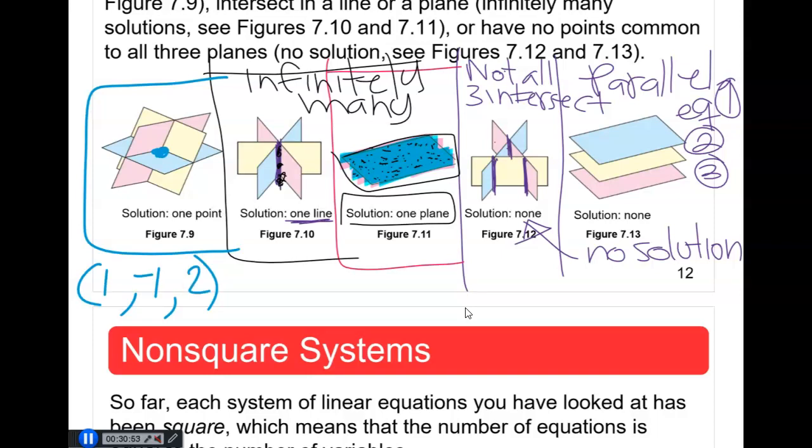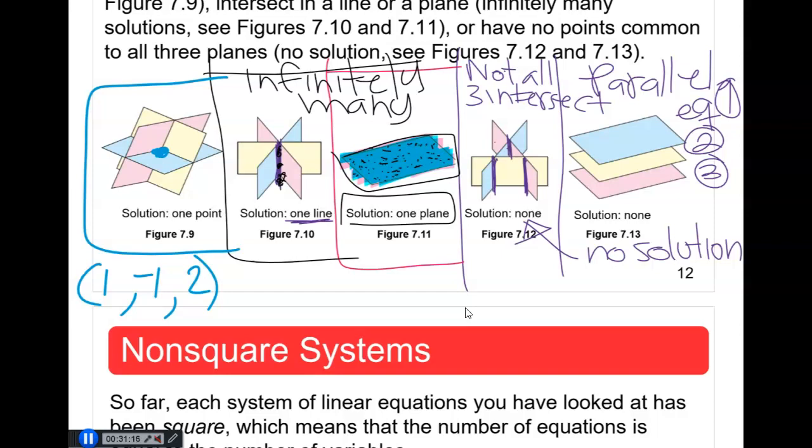So to make you think a little bit about it, I want you to look around the room and pick a corner of your room, or wherever you are. If you're outside, you can't do that, but look at the ceiling, and then look at the two walls that are intersecting at a line.